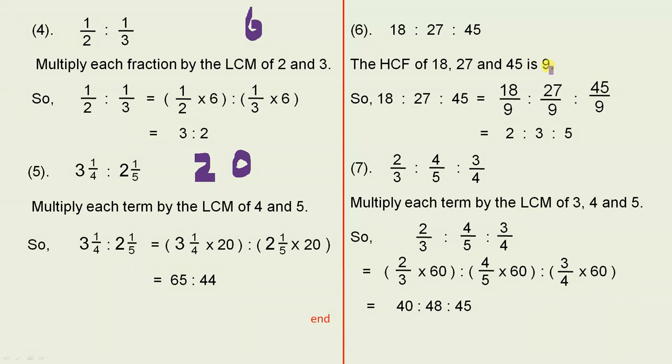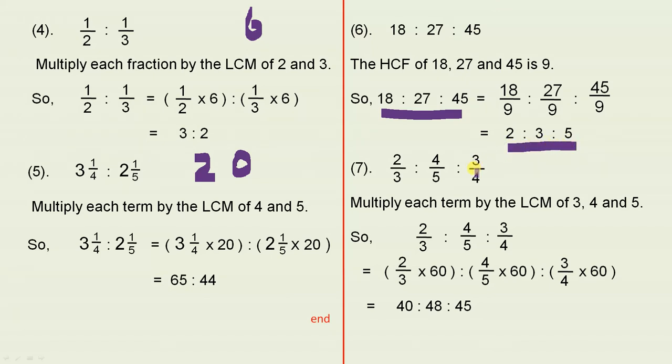That's the highest number that will divide into all of those evenly. So we divide each of the terms by 9. 18 divided by 9 is 2. 27 divided by 9 is 3. 45 divided by 9 is 5. So that ratio there is simplified to this one.